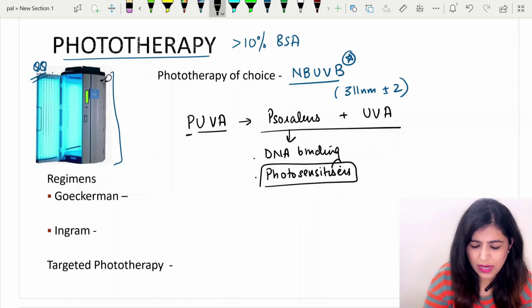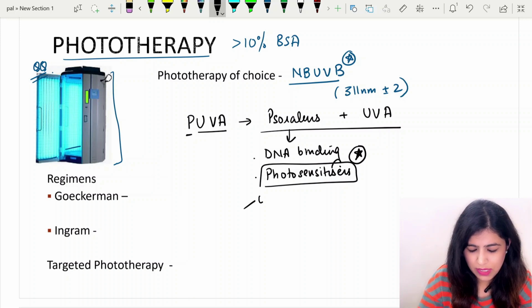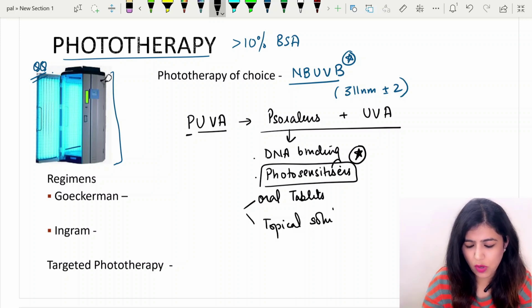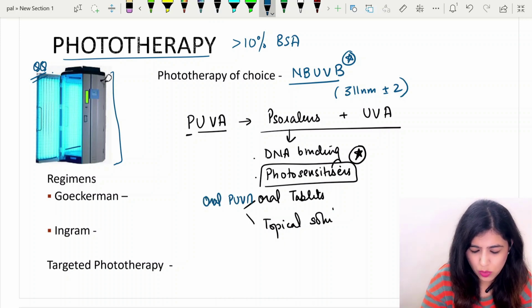So the function of psoralenes here is working as photosensitizers. They can be given both in the form of oral tablets followed by sun exposure, or topical solution applied on the lesions followed by sun exposure. This one automatically you can remember is called as oral PUVA, while the topical solution is called as PUVA sol.